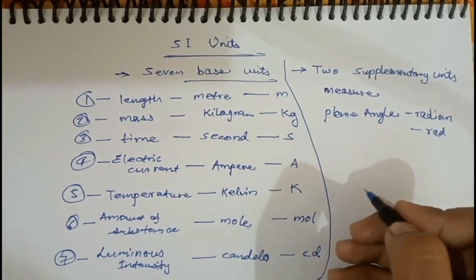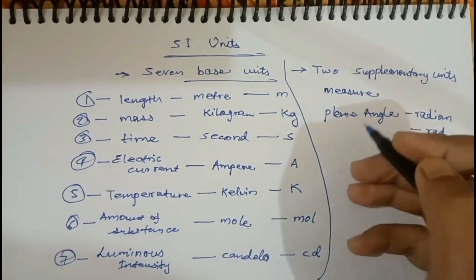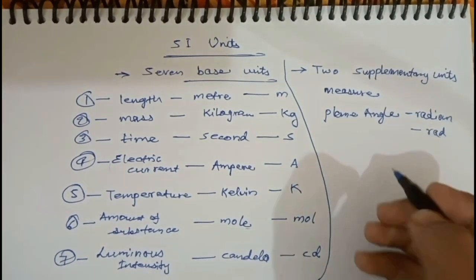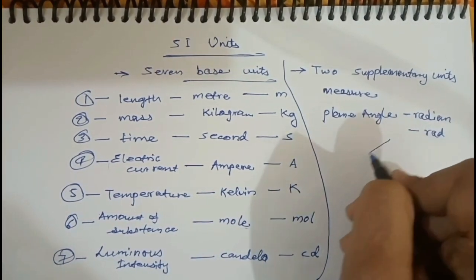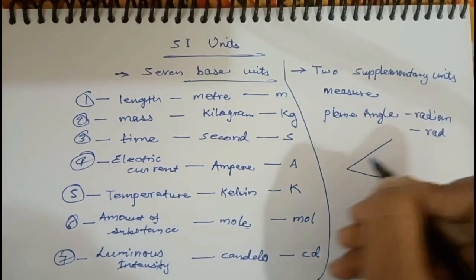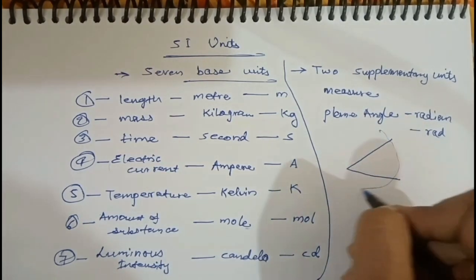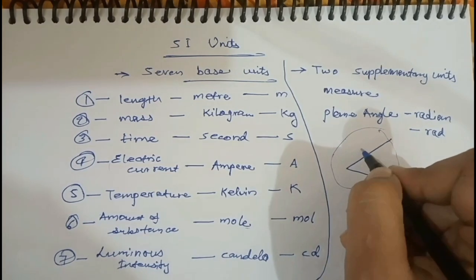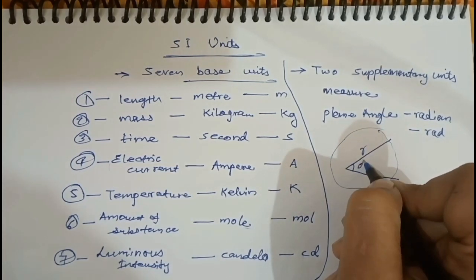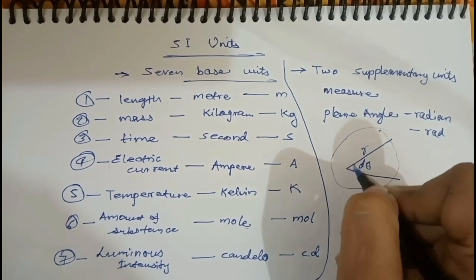And what you can say about plane angle? Suppose there is a circle, and this is a radius, this is angle theta, or you can write d theta. There is a change in the angle.